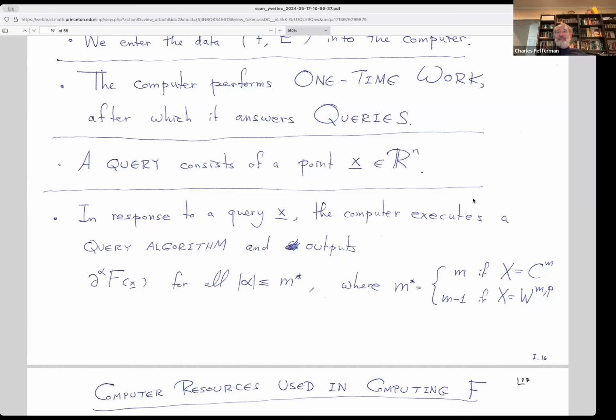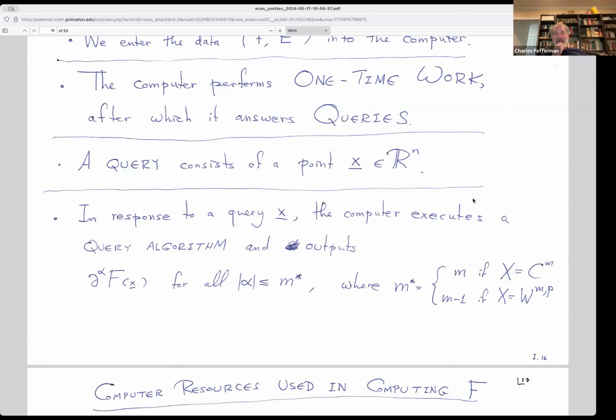If our function space instead is the Sobolev space W^{m,p}, then we know that derivatives up to order m-1 are continuous and take values at individual points, but the mth derivatives, not so much. And therefore, our query algorithm is supposed to output the value of F together with its derivatives up to order m-1.